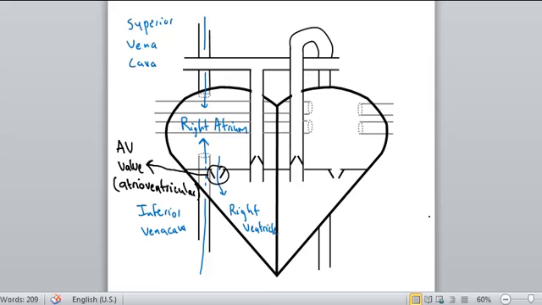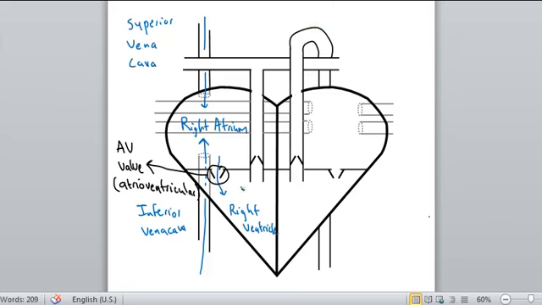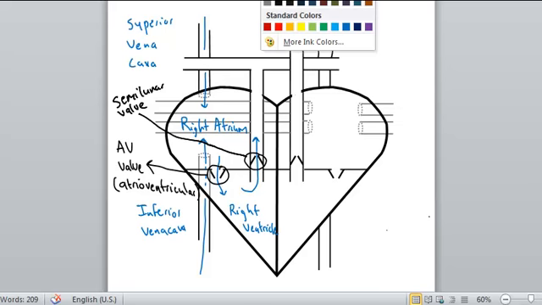The blood then proceeds out of the right ventricle, up through another valve, which is called the semilunar valve. Okay, into what's called the pulmonary trunk.